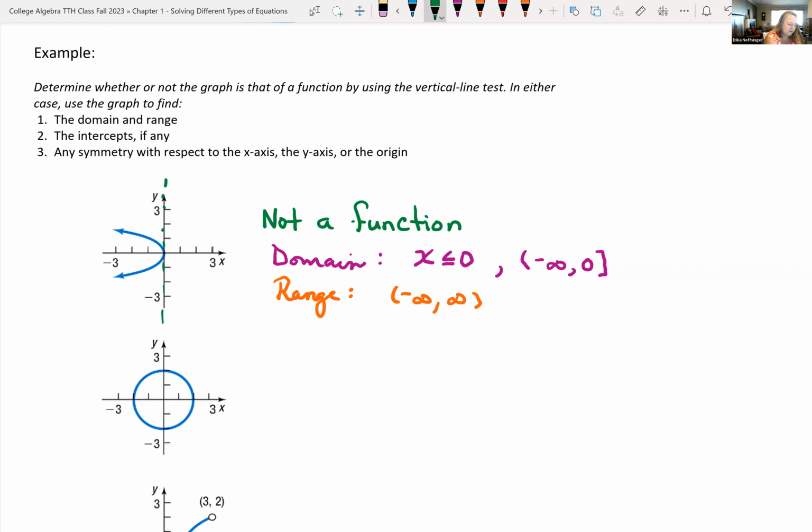If I folded my paper along the x-axis, notice that the piece above the x-axis would be lying on the piece below the x-axis. So this is symmetrical to the x-axis. So the graph is symmetrical with the x-axis.